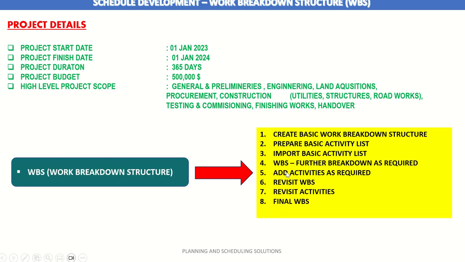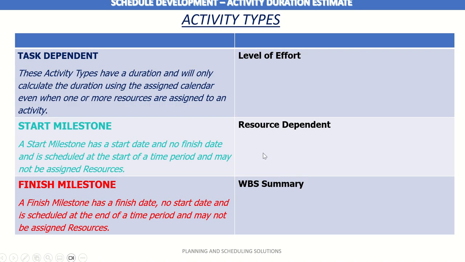This is the 8 steps that we talked about in the last video, but before you export that data to Excel, you need to know about some of the important parameters or settings in your Primavera P6 that you need to set before you export the data, especially when you're working on the activity duration estimate.